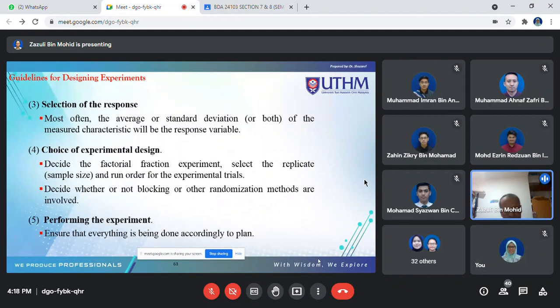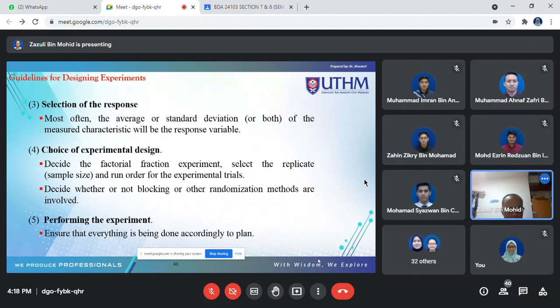In conducting experiments, it is recommended for us to perform the experiment in random, not in sequence, so that we can eliminate any bias judgment or any bias measurement data.